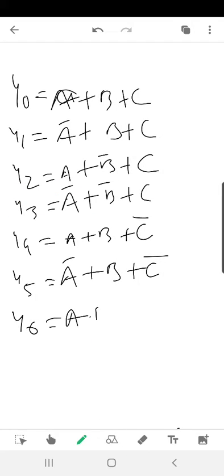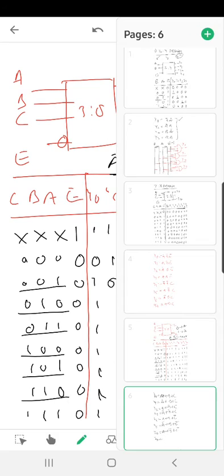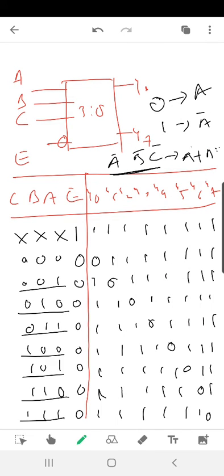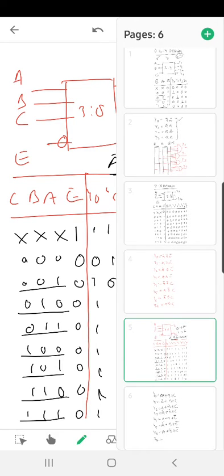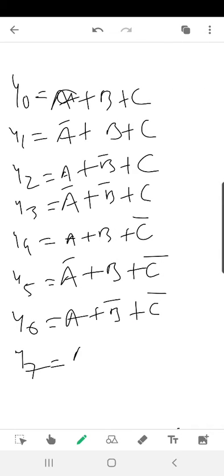And for y7 all the values are 1, so we will write it as a complement plus b complement plus c complement.